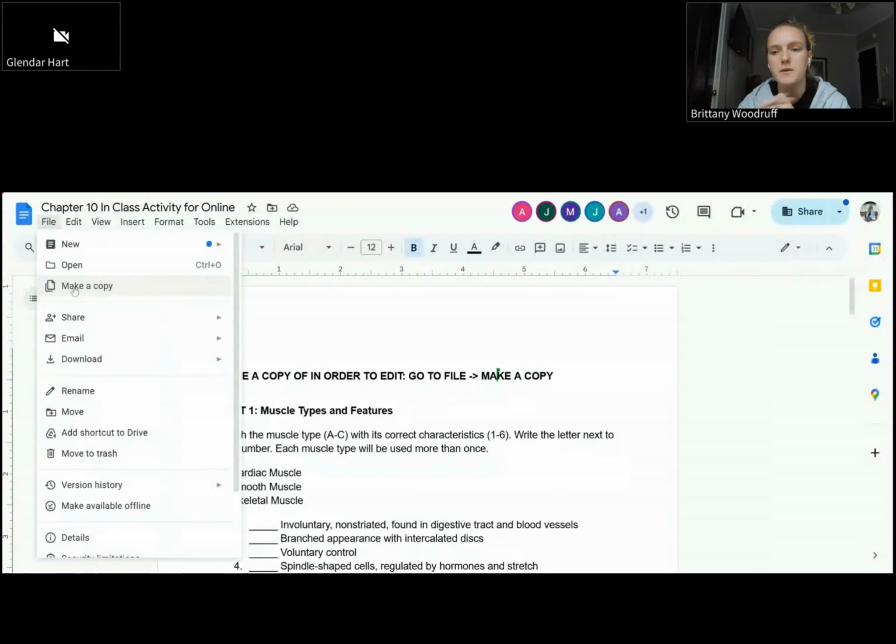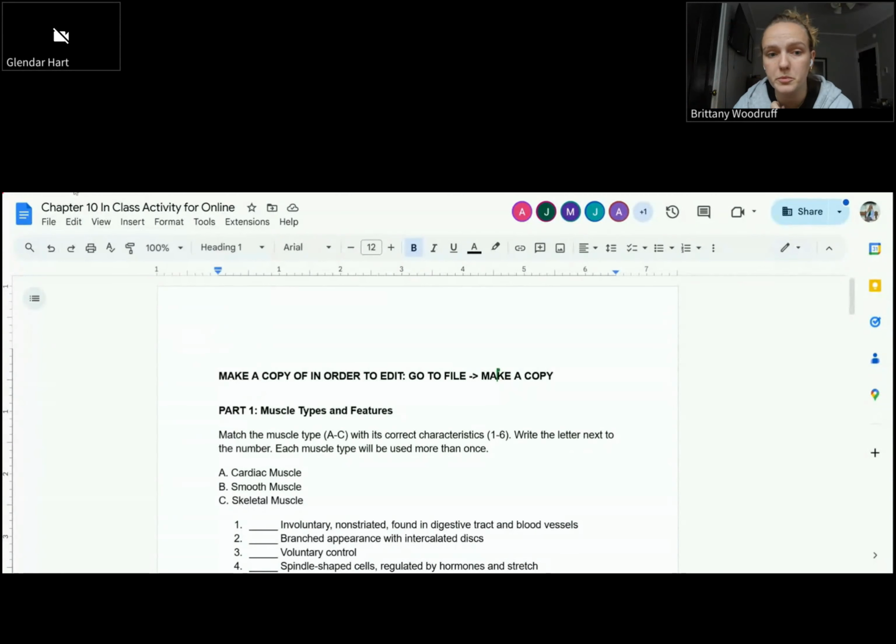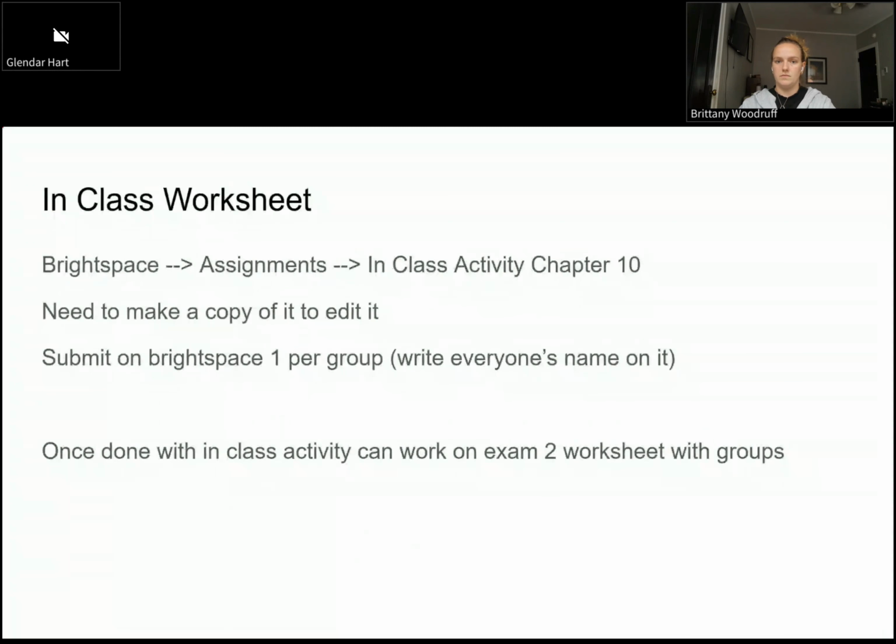And then that'll give you a copy that you can edit, if that makes sense. And only 1 person from your group needs to do it. You just got to collab on it, if that makes sense. So I'm going to type that in chat. It's also on the PowerPoint that's up here. But it's under Brightspace.